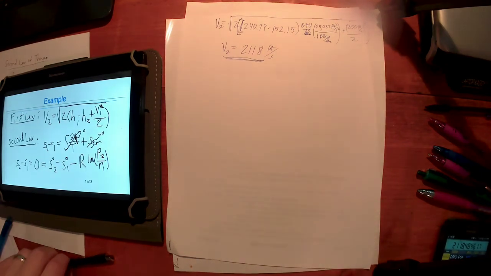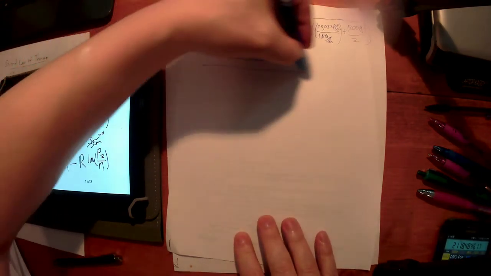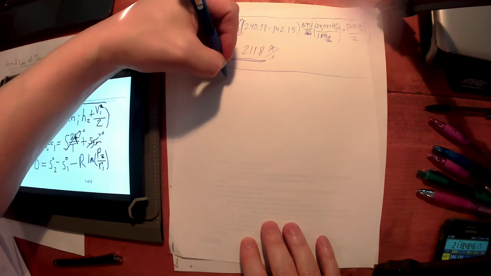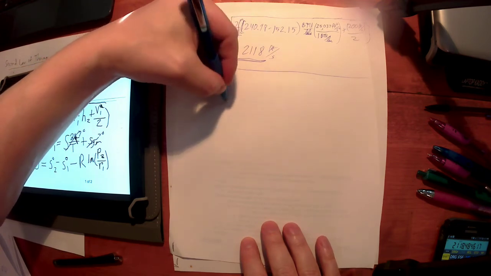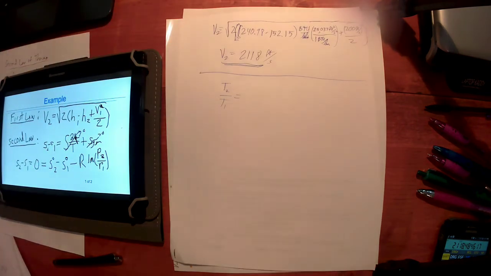You can also say that T2 over T1 is equal to, close my text. I don't have these memorized, so give me a second, I'm going to look at them. I apologize.